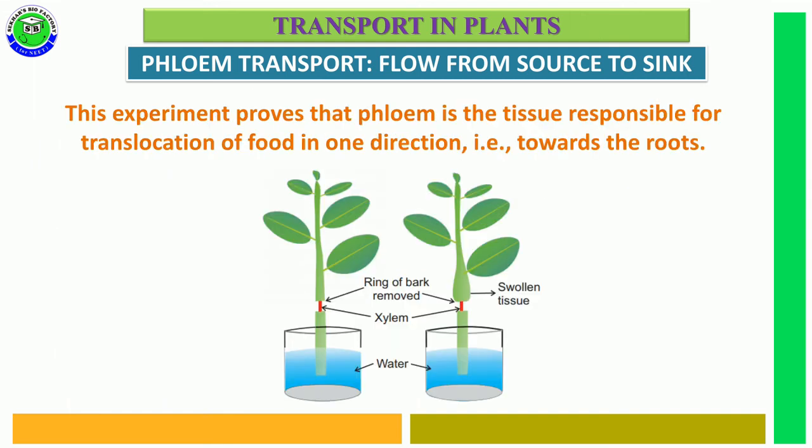This experiment finally proves that the phloem is the tissue responsible for translocation of food material in one direction, towards the root. That is the girdling experiment. So it is a concept related to transport in plants and flow from source to sink, and phloem tissue is responsible for transportation of organic food substances.